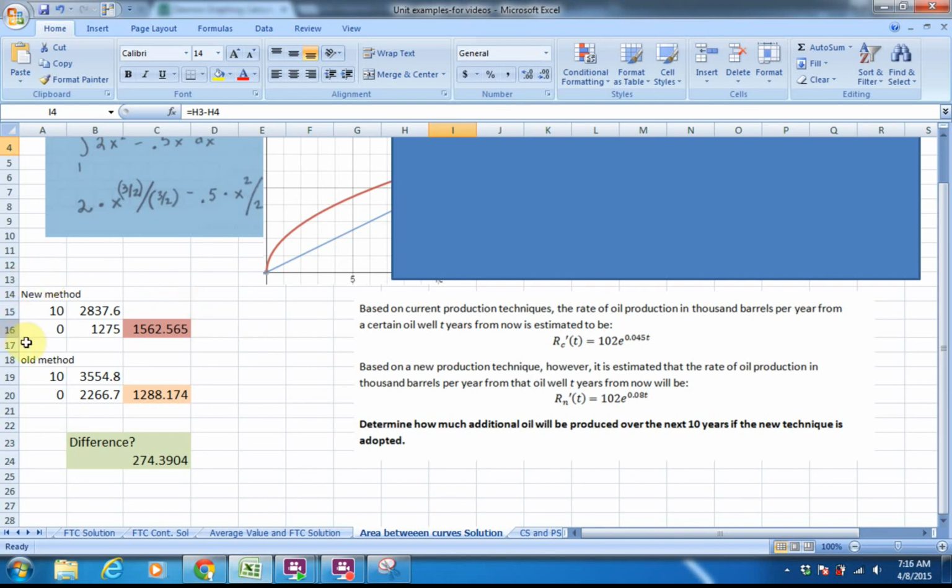I've really just taken the antiderivative of the new method, which would be R prime of n of t, and you can see I've got an upper limit of 10 and a lower limit of 0, because we don't have a specific year, but over the next 10 years, so that would be from now, 0 to 10 years out.